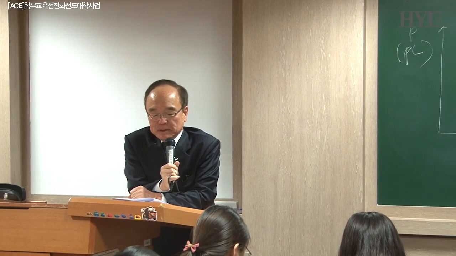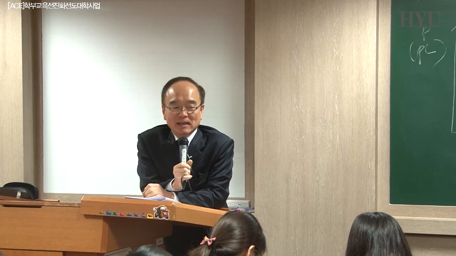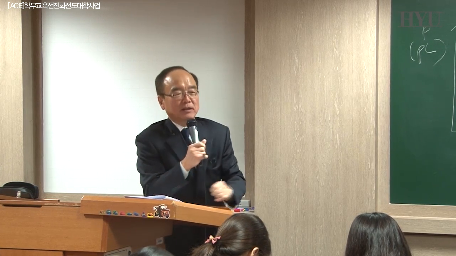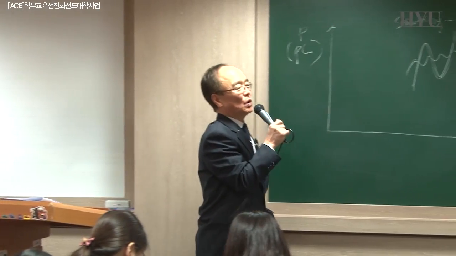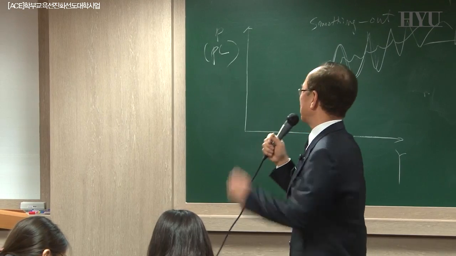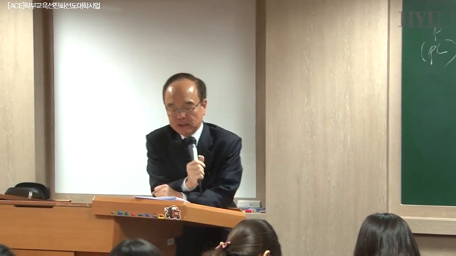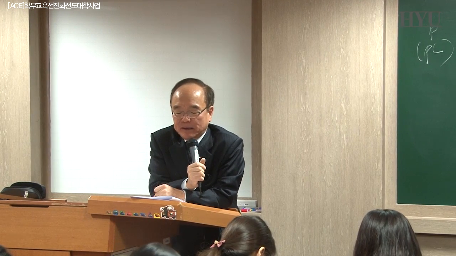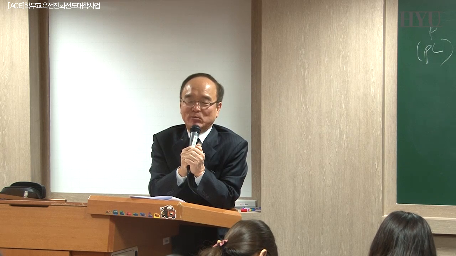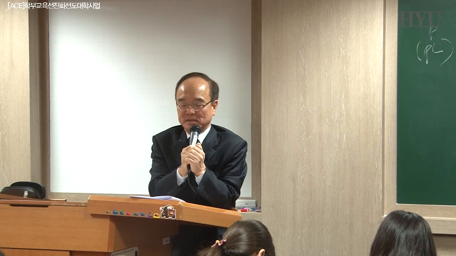Now, AD, aggregate demand, and aggregate supply. Aggregate demand, 총 수요, aggregate supply, 총 공급. The notation is AS and AD. Aggregate demand is all the demand taking place in a year in a country, the aggregate demand for all the goods and services.